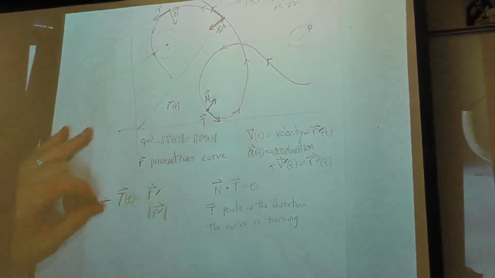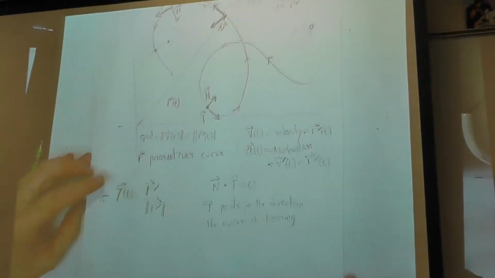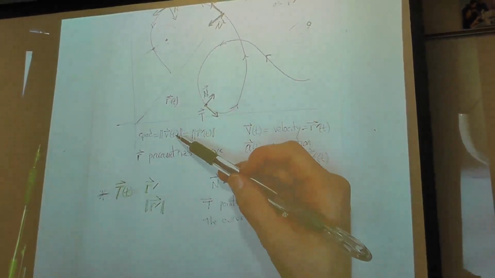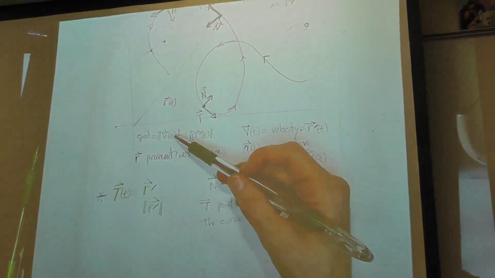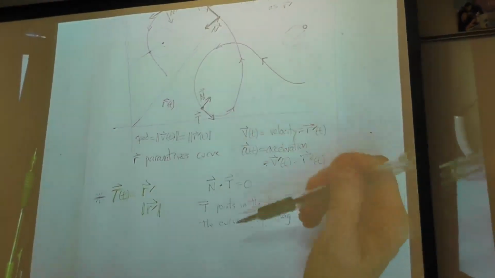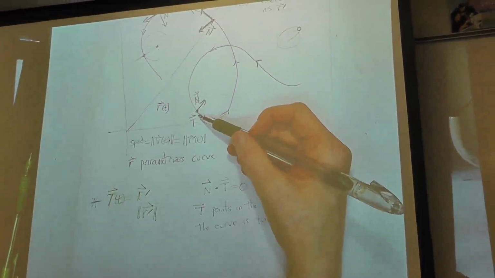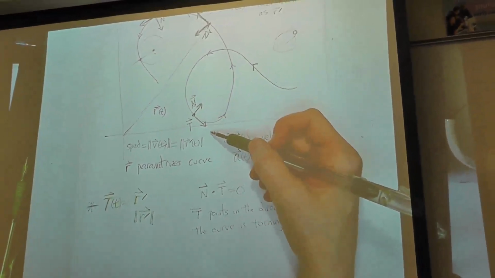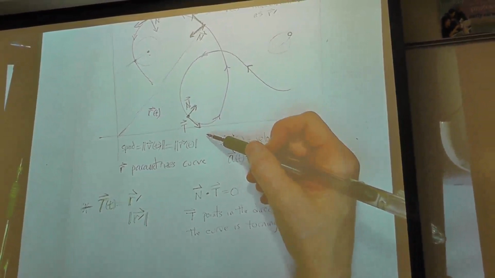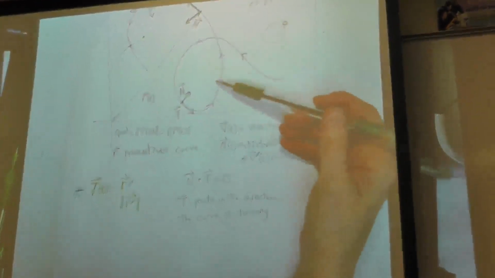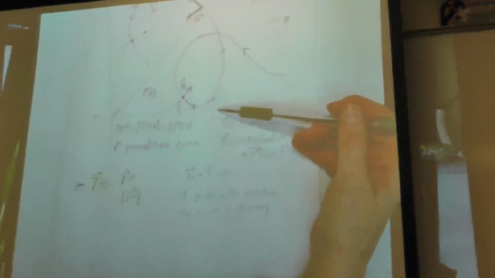This is speed. Acceleration looks at the rate of change in the velocity. It's going to take into account both changes, rates of change in the velocity vector's length as well as direction. The question is, how does acceleration fit into this picture?